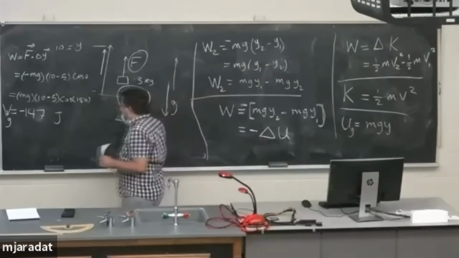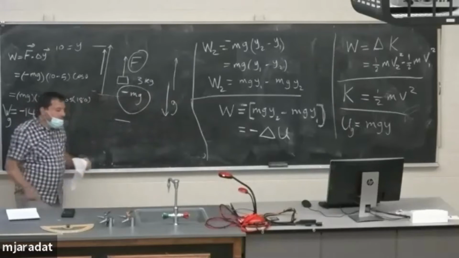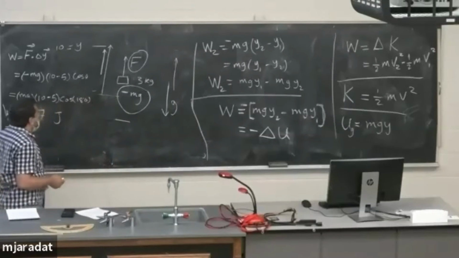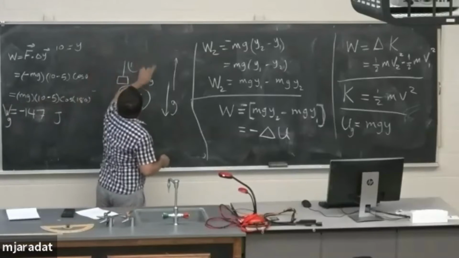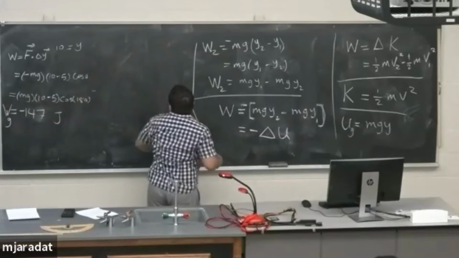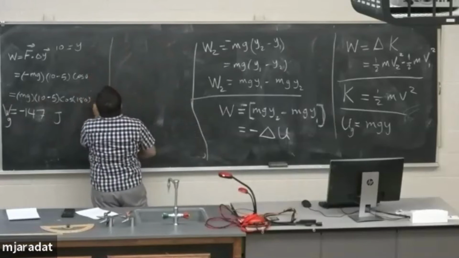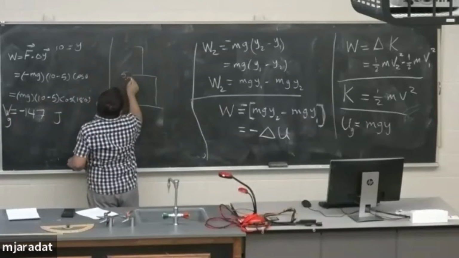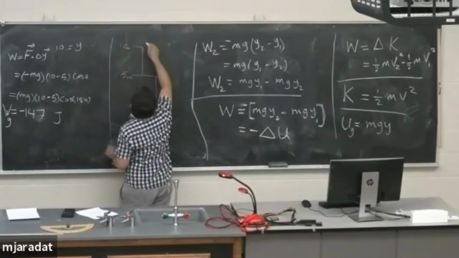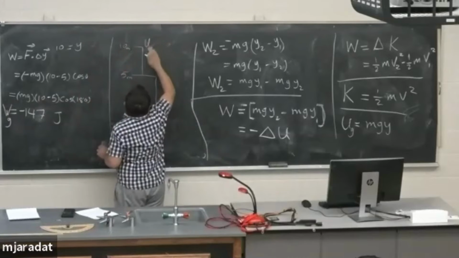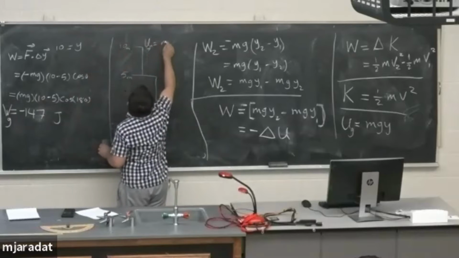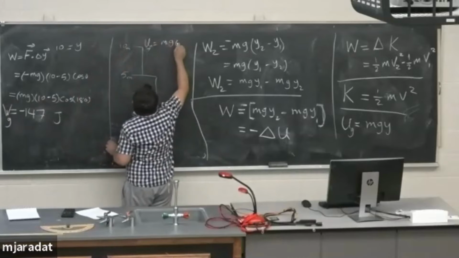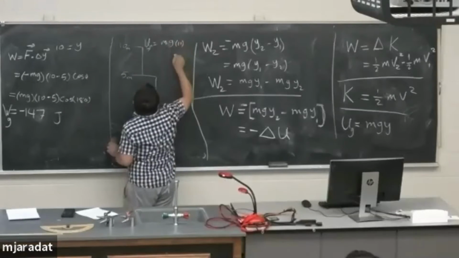Now, if I need to ask about the change in potential energy, this is 5 meters, this is 10 meters. The potential energy U finally, at 10, is equal to mg multiplied by y, which is 10.